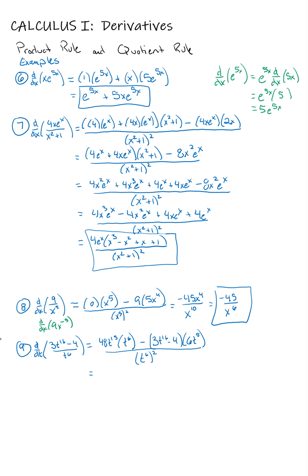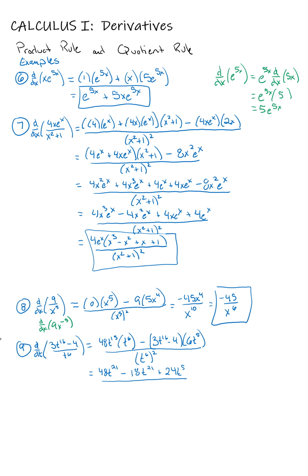Well, we can clean this up a bit. That gives us 48t to the 21st minus, now here I'm going to go ahead and multiply these, distribute that 6t to the 5th along with distributing that negative. So that gives us minus 18t to the 21st plus, watch those positives and negatives, 24t to the 5th.